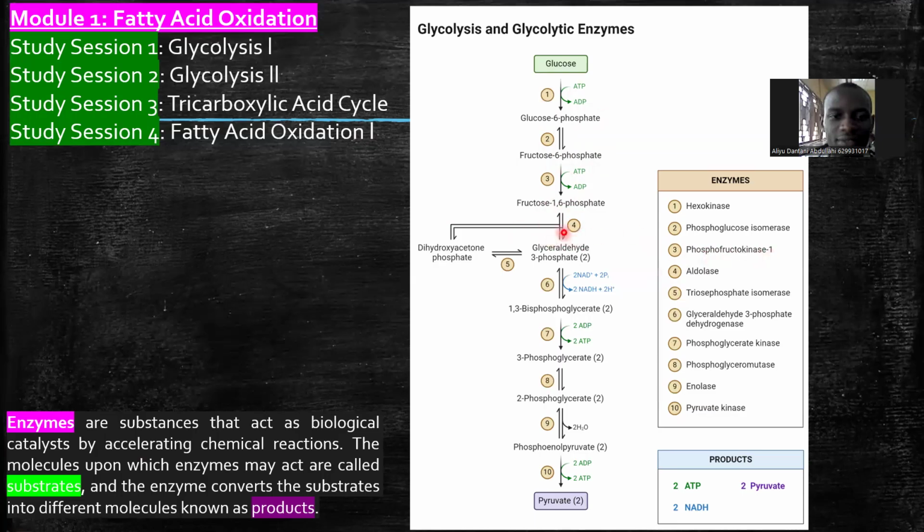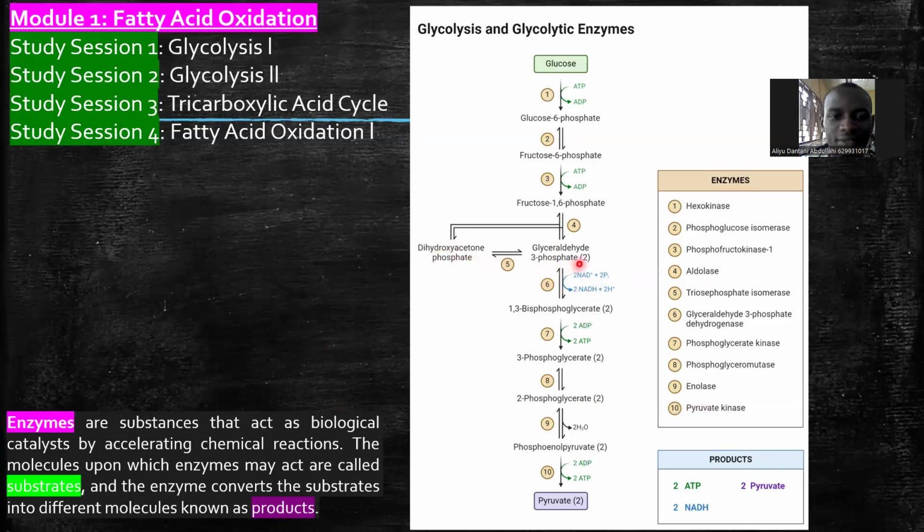Okay? Now, your fructose 1,6-bisphosphate has to be lysed into 2 compounds. Aldolase, it's a lyase. Lysis breaks down this compound into 2 components. First component is your glyceraldehyde 3-phosphate. The second component is your dihydroxyacetone phosphate.